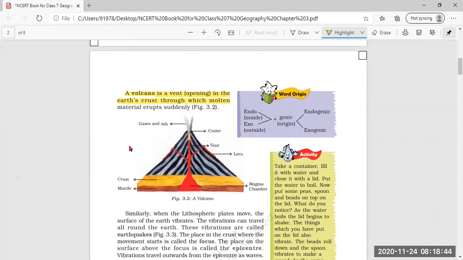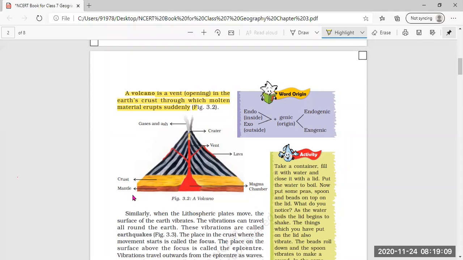When the opening reaches the outer side, then molten material erupts suddenly. Then the hot molten magma comes from inside to outside on the surface of the earth. That is called a volcano. Now, here the different parts of a volcano are described.